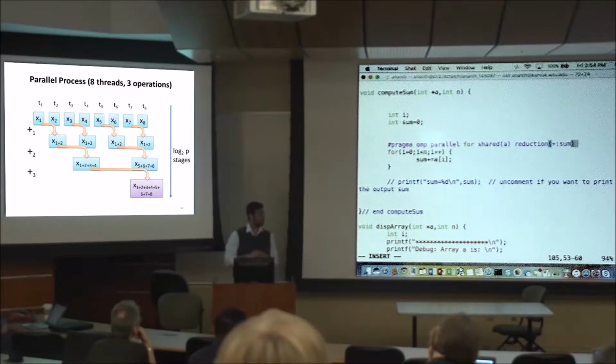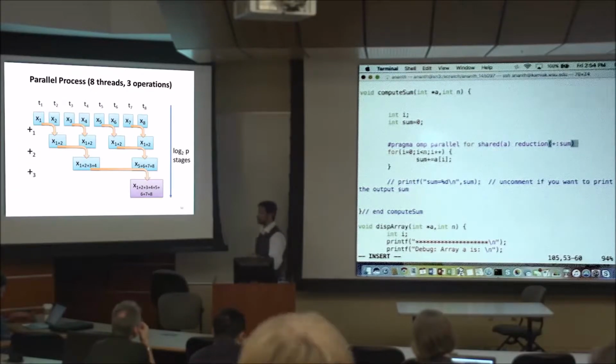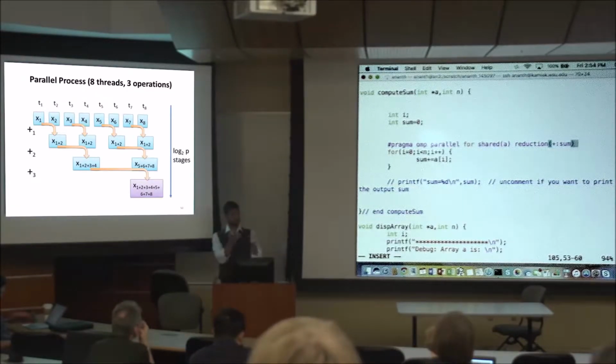If you take subtraction, for example, that won't work. A minus B minus C is different from A minus B minus C grouped differently, could be different. Same for division. So binary associative operators, matrix multiplication is a binary associative operator.